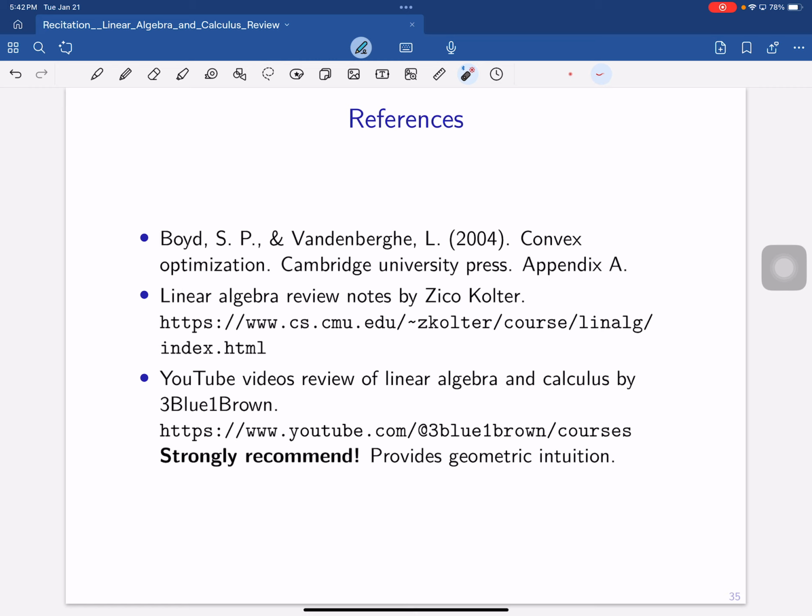I took some of the linear algebra notes from this note. Again, I would strongly recommend getting some geometric intuition by watching YouTube videos. It's not so easy to draw you a picture in 2D, but in those videos, they will show you things in 3D to help you get some intuitions.